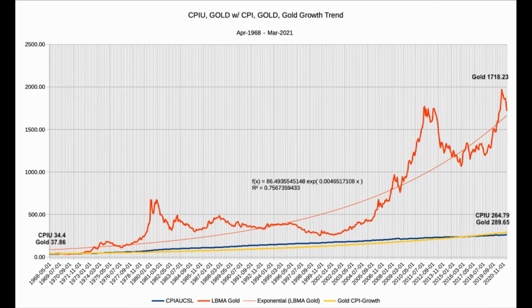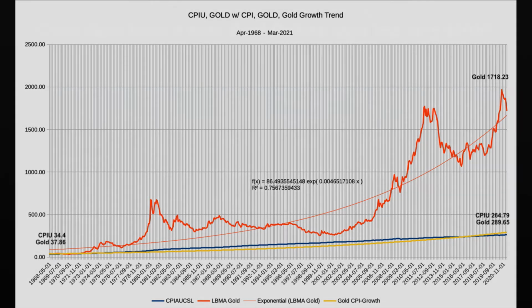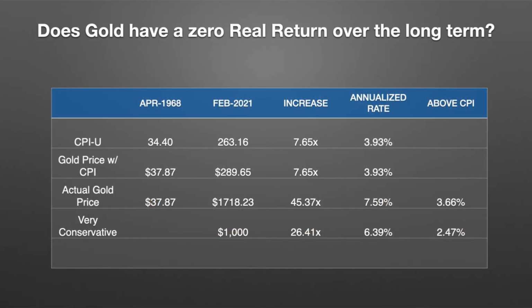Looks like it was way back in 2009, over 10 years ago. I kind of doubt it's ever going to get below 1,000, but it could. But if that was the actual trend line, that's still a 26 times increase, which is 6.39%, which is still 2.5% higher than the CPI.